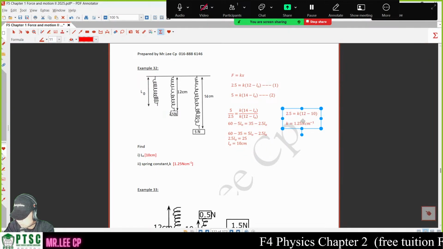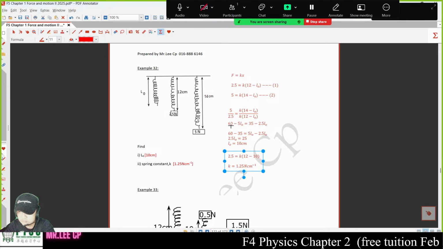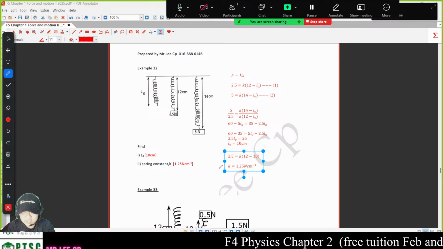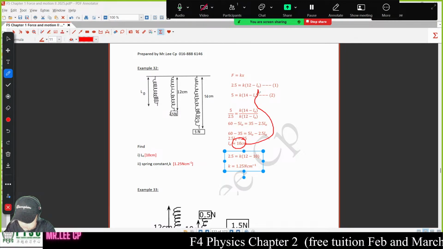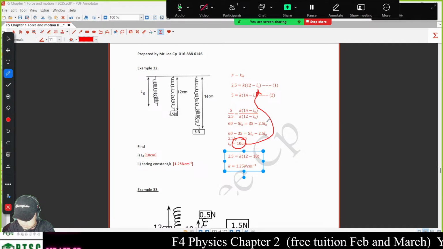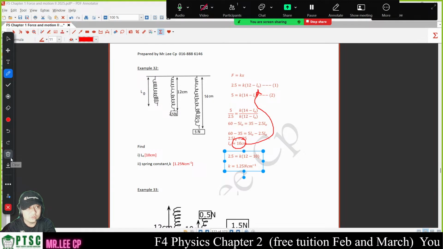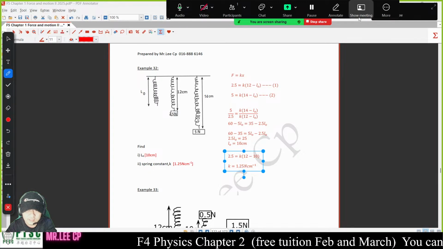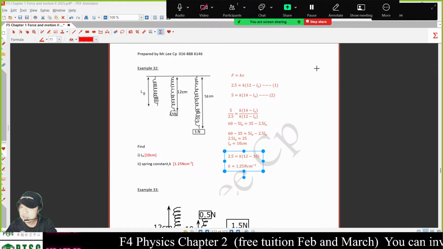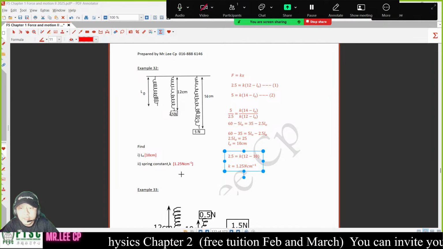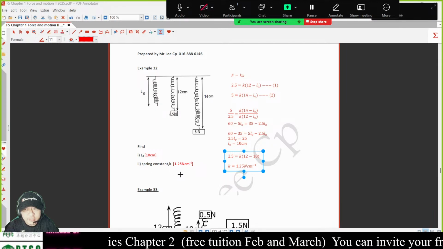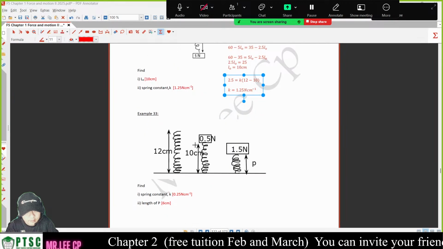That's what we have. You substitute into here or into here, up to you, to find the other value, to get the K. The K is the spring constant.